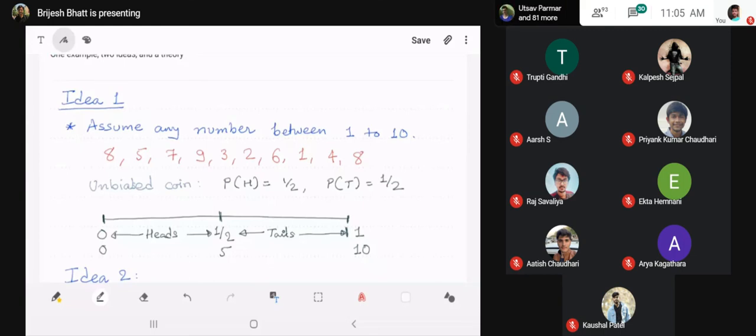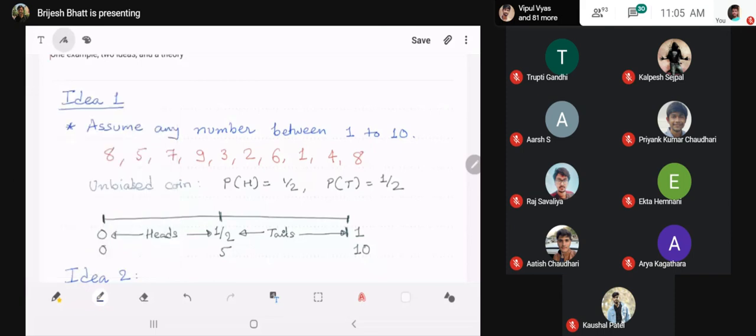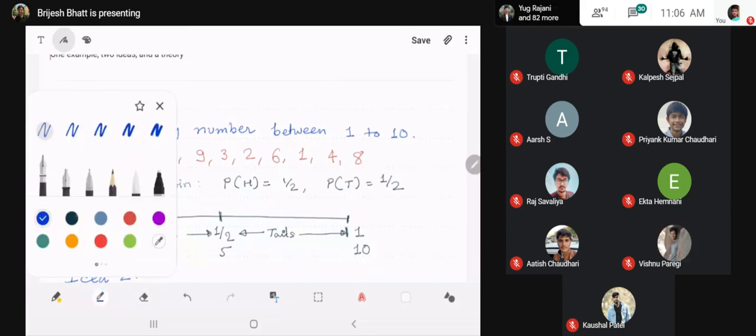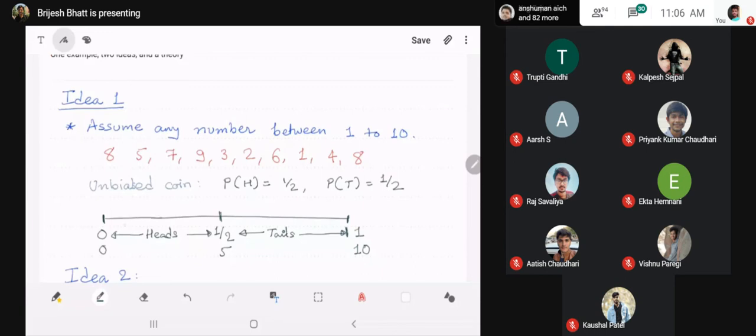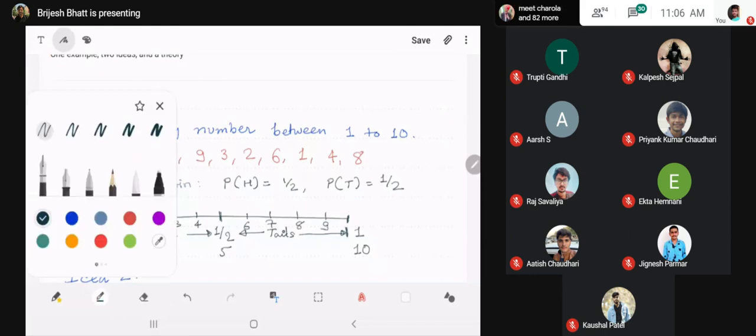And now I will project these numbers on this stick. So where does the 8 fall? 8 is somewhere here. So where is this 8? 8 is somewhere here.